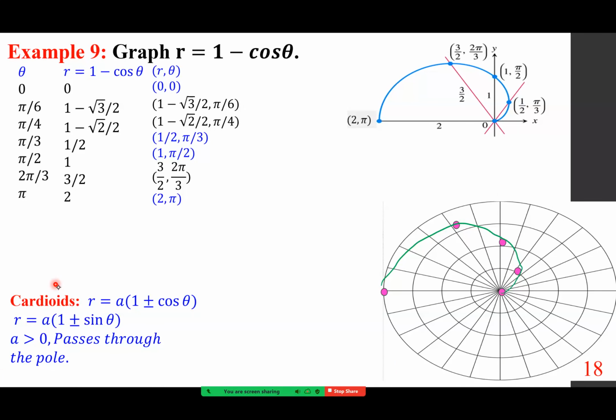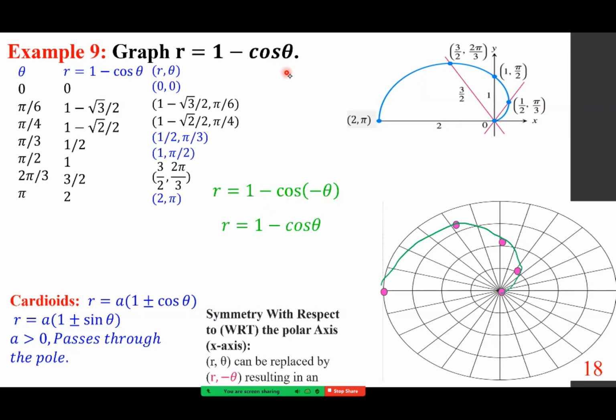Now, if we go through the symmetry or plotting the rest of the points up to 2 pi, we can figure out the rest. So, for example, r equals 1 minus cosine of negative theta. If I replace theta with negative theta, I'm checking the symmetry, because I notice quickly that it's the same thing, right?